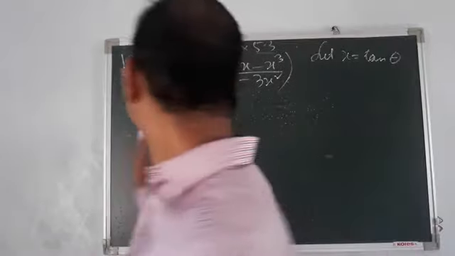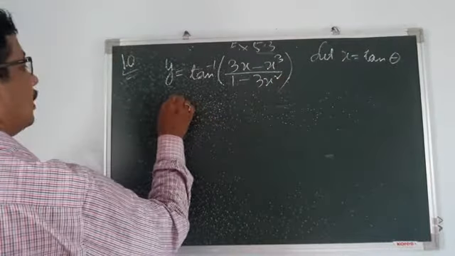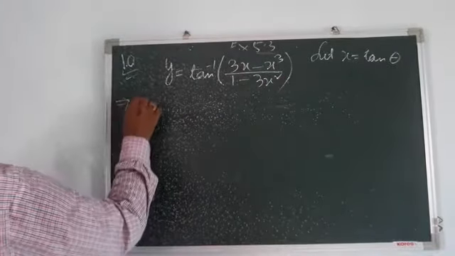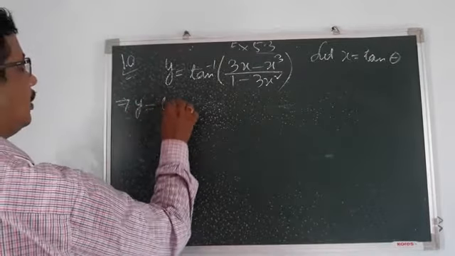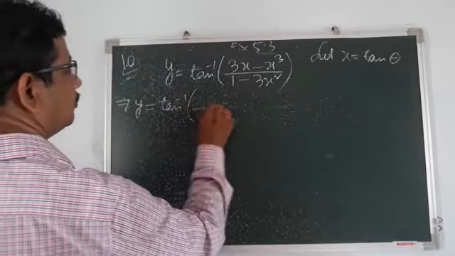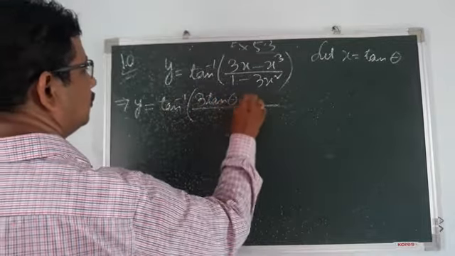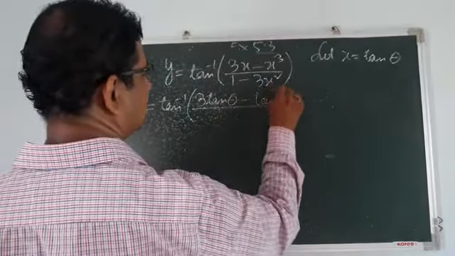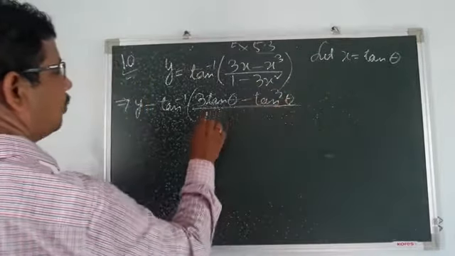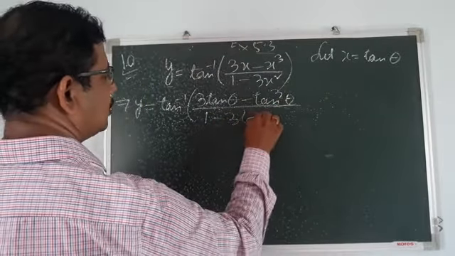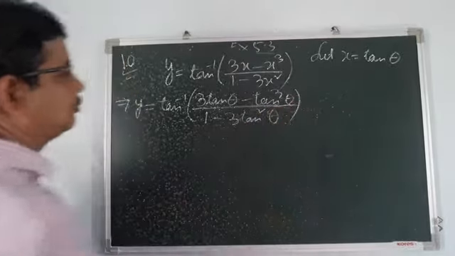Now if we put here again x equal to tan theta, then we will get tan inverse of 3 tan theta minus tan cube theta by 1 minus 3 tan square theta.